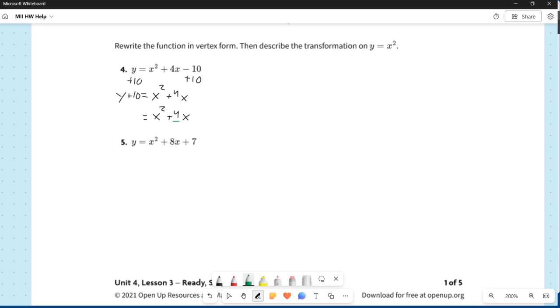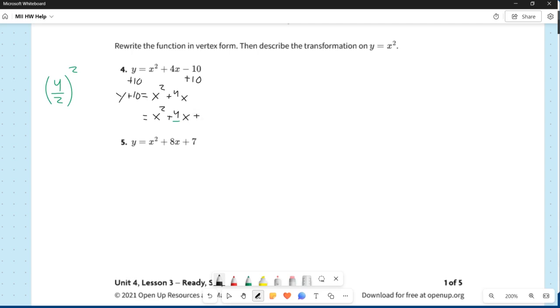We're going to do something to that coefficient. And this is just always how we complete the square: we take that number, 4, we halve it, and I want to take my result and square it. That's what's going to happen here when we complete the square.